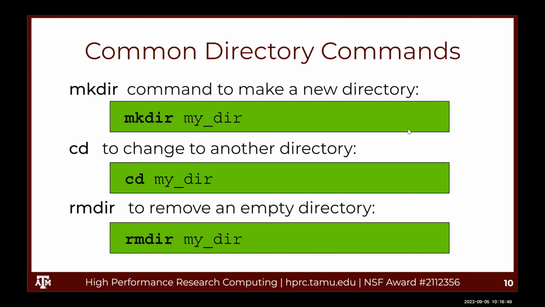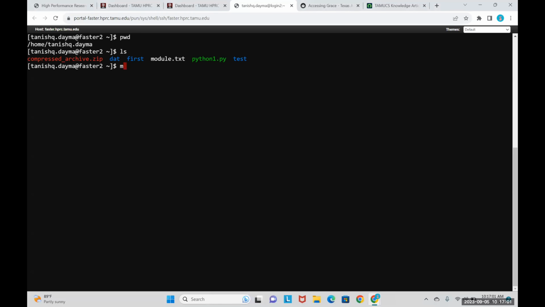Okay, so let's try some of the directory commands now. We will be making a directory and then going inside it. This is a very simple command, but it's very important. mkdir is the name of the command, which is used to make a directory inside the current directory. Right now we are in the home directory.